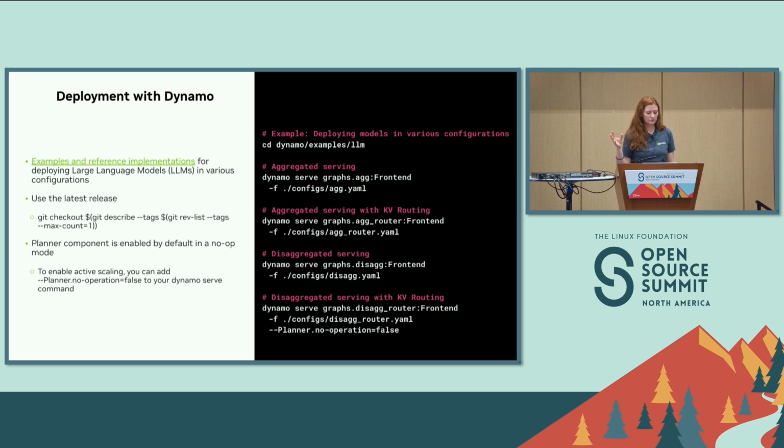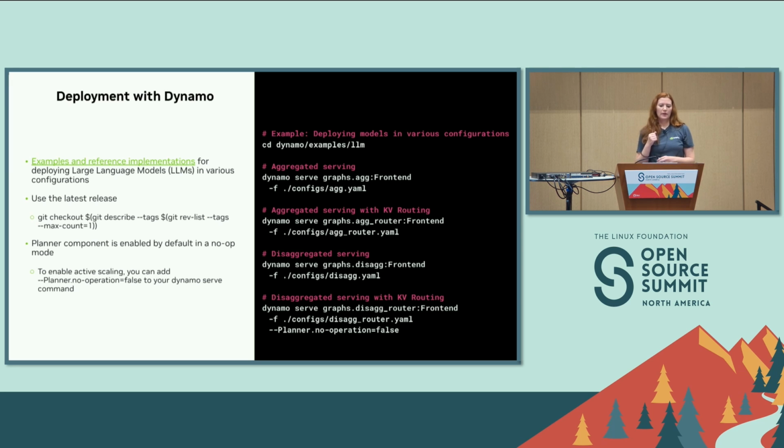Planner is enabled by default. However, it's a no-op by default. If you want to see the power of it, you just need to provide either the CLI command planner no operation equals false, or just go to the YAML file and change the same config there.